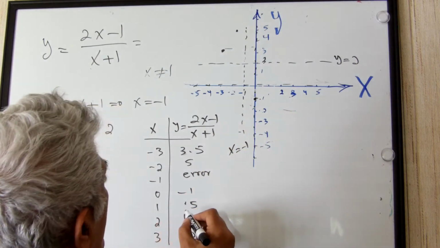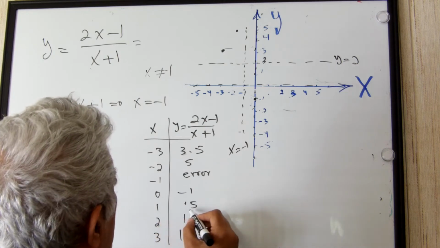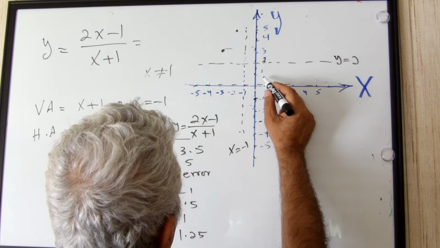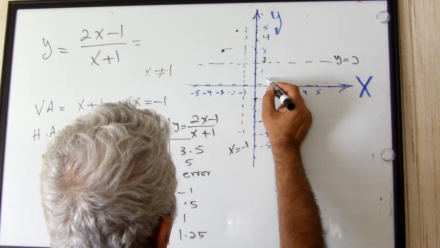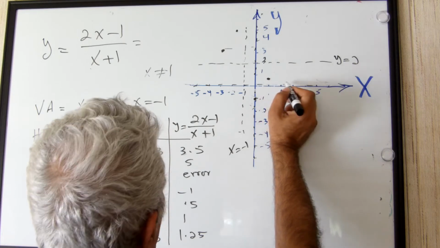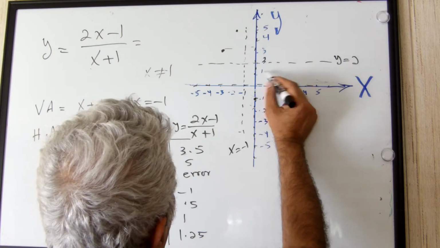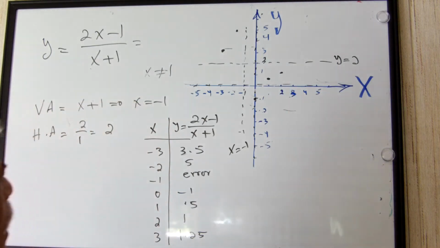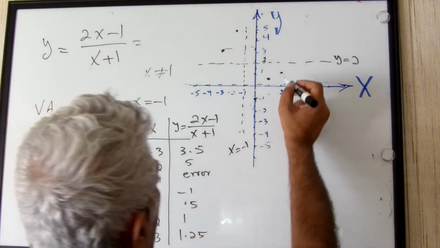If x is 1, it's going to be 0.5. 2 is going to be 1, and 3 is going to be 1.25.